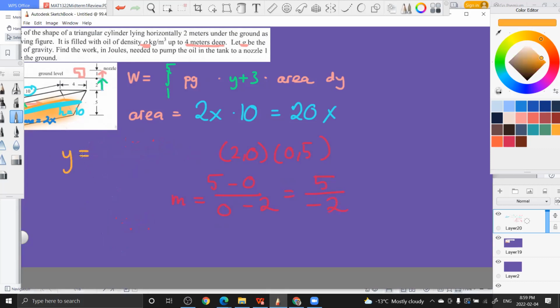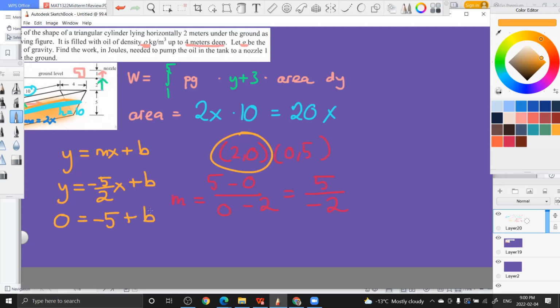So the formula is y equals mx plus b. We know that the slope is negative 5 over 2, so y equals negative 5 over 2 x plus b. We're one step closer to finding the equation. Then we have 2 points. You can choose any point to plug in. Let's choose this one. So y is 0 and x is 2, so we get negative 5 plus b, then b is equal to 5.